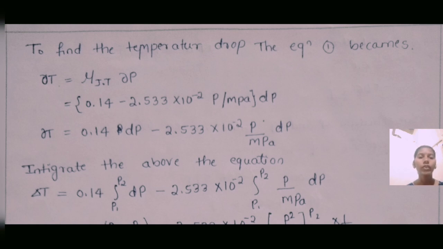Here 0.14 and 2.533 into 10 raised to minus 2, these are constants. So delta T becomes 0.14 integrate dP with limit P1 to P2 minus 2.533 into 10 raised to minus 2 integrate P divided by MPa dP with limit P1 to P2.